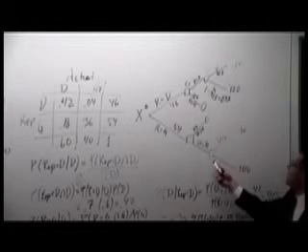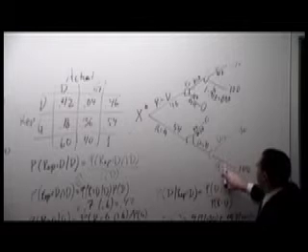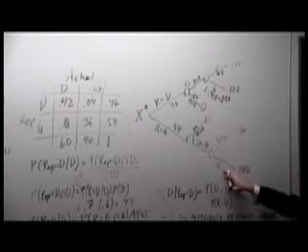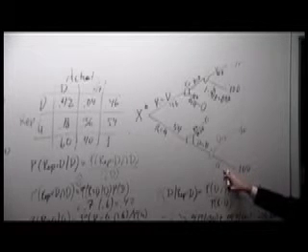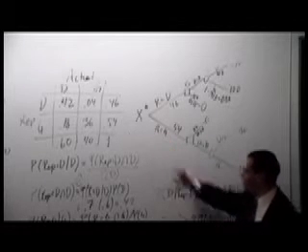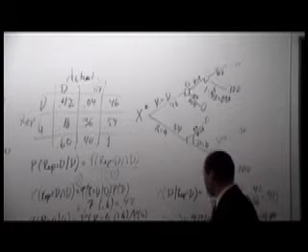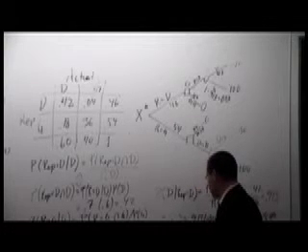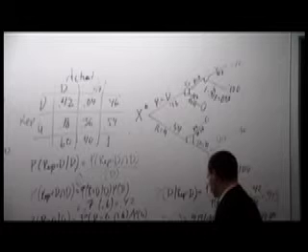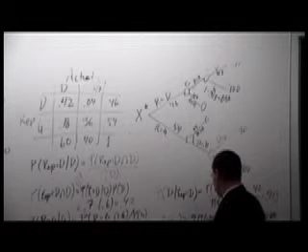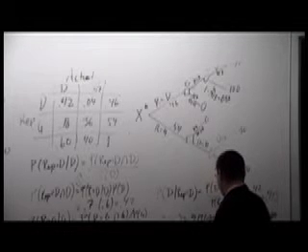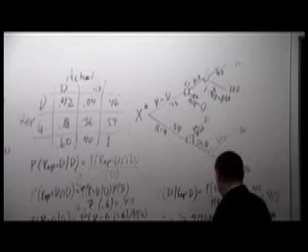And if we're here, then the probability that it's a gusher, given that the report says it's a gusher, we do that the exact same way as up here. The probability that it's a gusher, given that the report says it's a gusher, is equal to the probability that it's a gusher and the report says it's a gusher, divided by the probability that the report says it's a gusher.